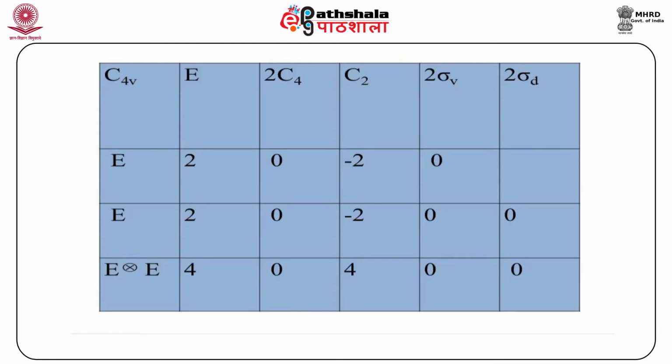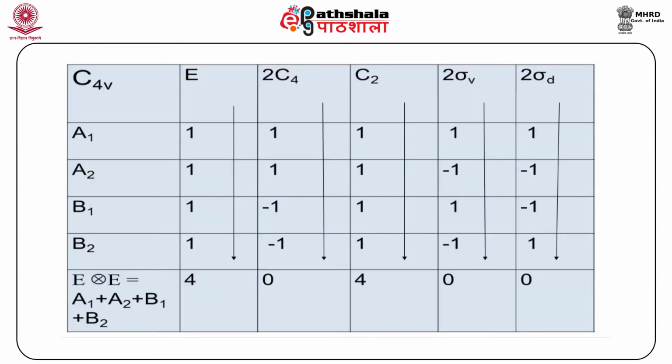The direct product of two or more degenerate representations is a reducible representation. Let us take the C4v character table and take the direct product of E and E. By taking the direct product, we get the characters for the direct product as 4, 0, 4, 0, 0.